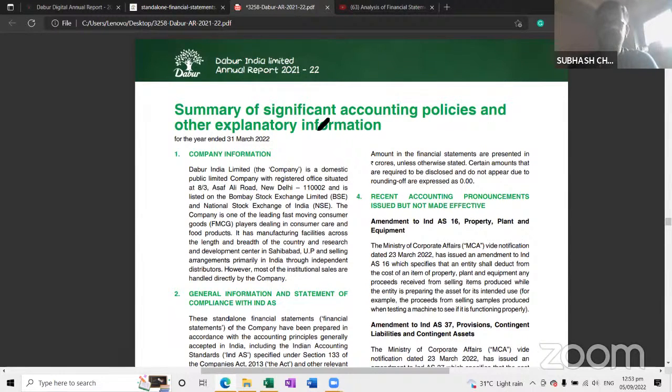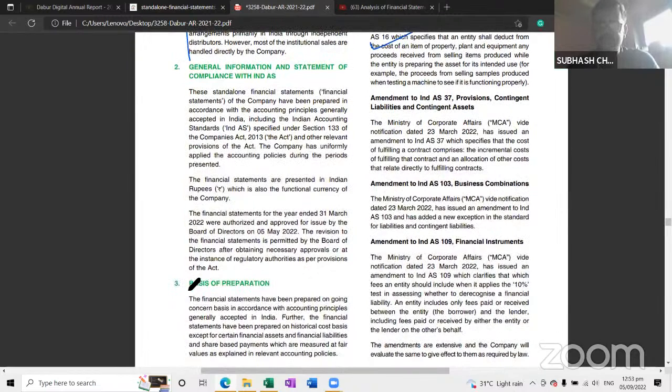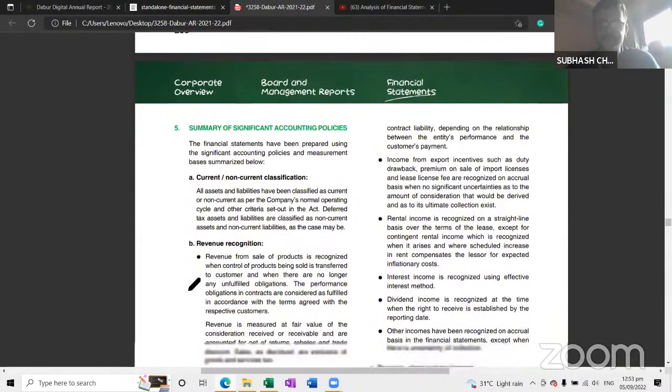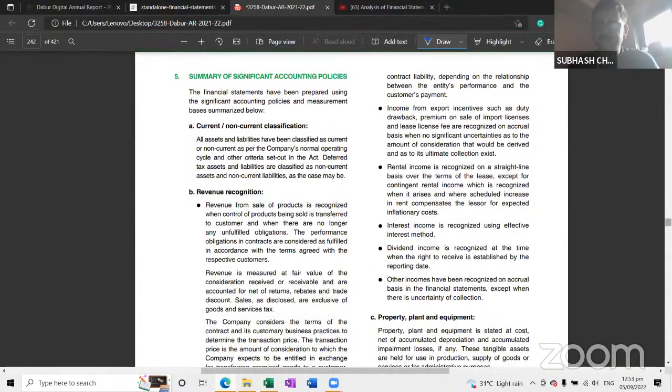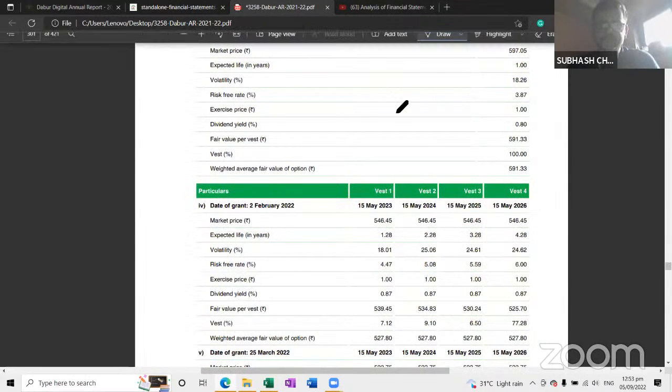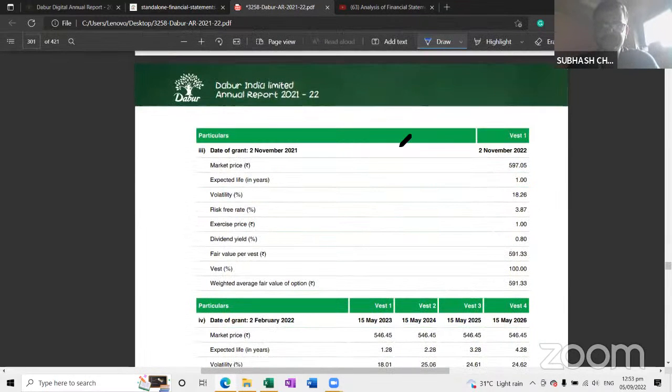Yes, like I told you, 10, 16 becomes 16, and based on that provision 37 and all. So how the company came to a particular figure, we will come to know by having this under one. And there are other data also given below that we can refer to, the working notes and all.